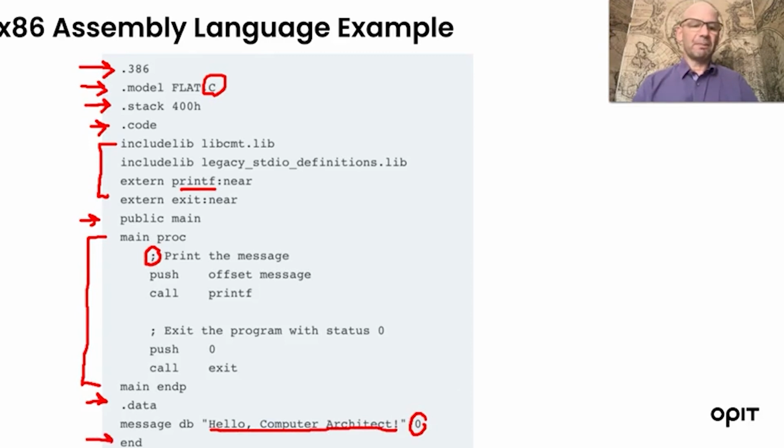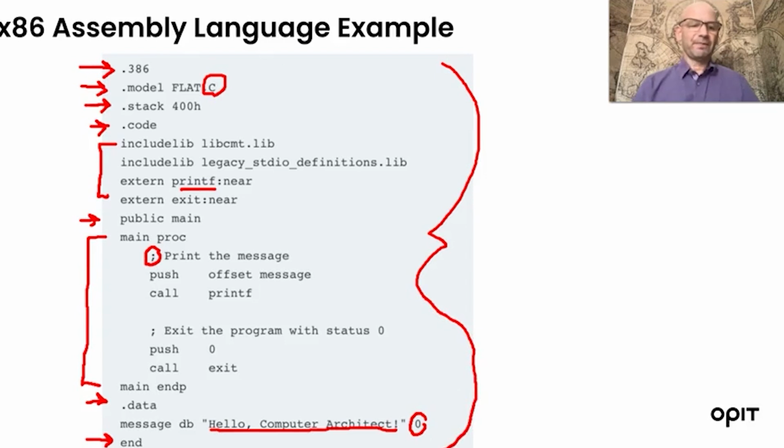Okay, so this is just an example of a very simple assembly language piece of code that just basically prints out hello world or hello computer architect. Okay, so we can use this sort of programming structure, this syntax, in order to successfully write x86 assembly language.